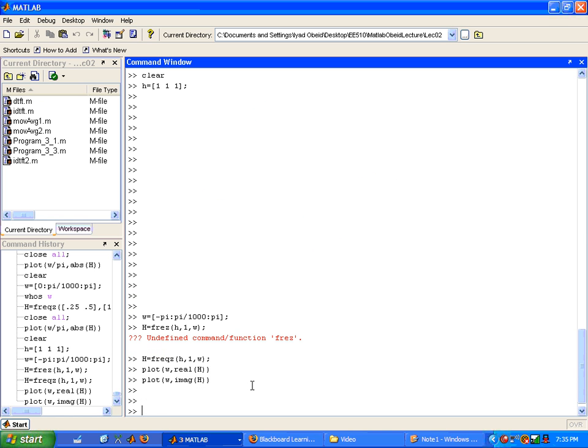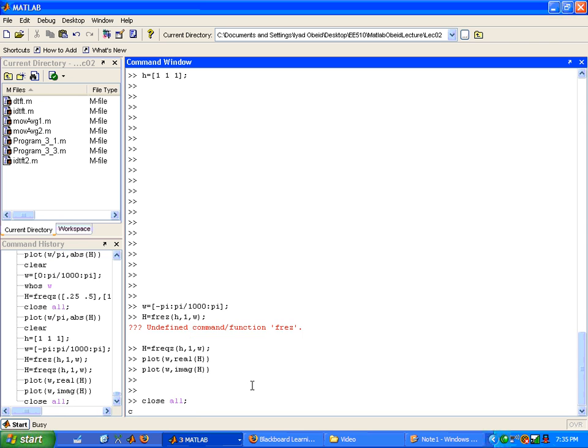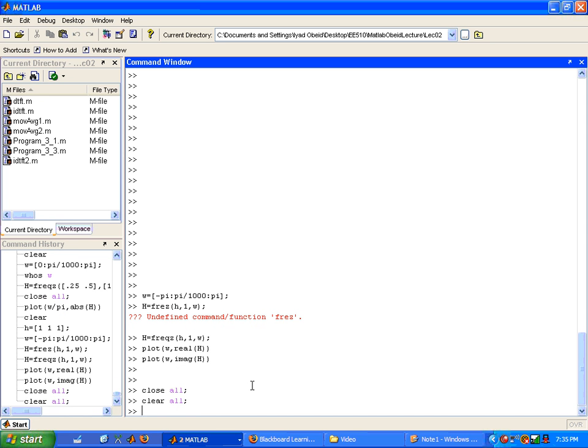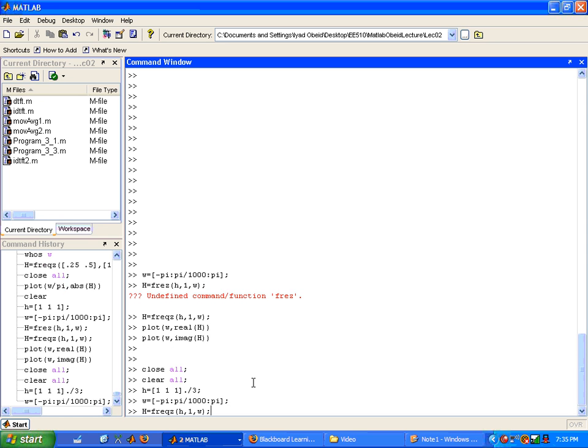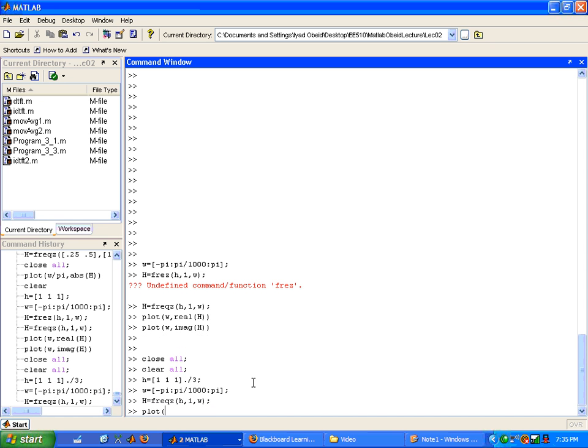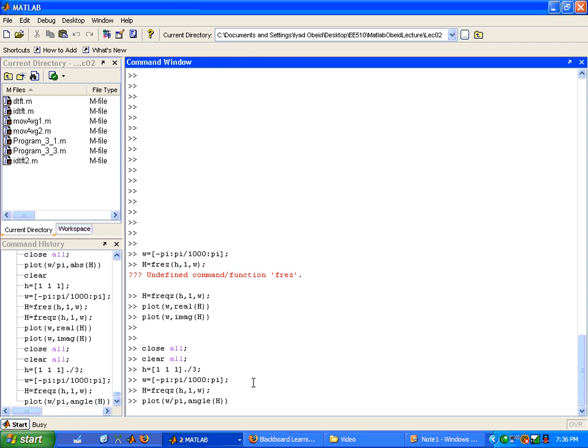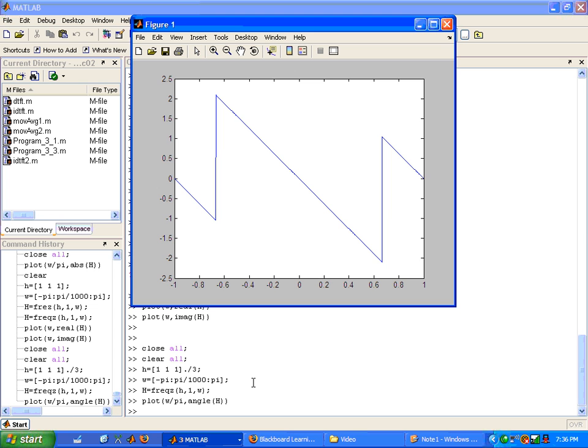Let's see if we can create a function that does that. So let's say we have h equals, let's just try the moving average filter. So omega equals, h equals, so plot omega over pi, angle of h. Super. Okay, so here we have a discontinuity.